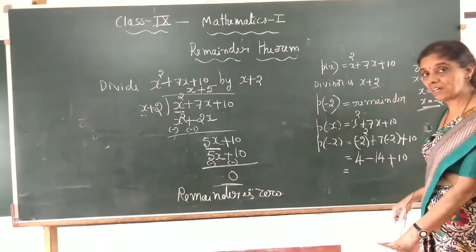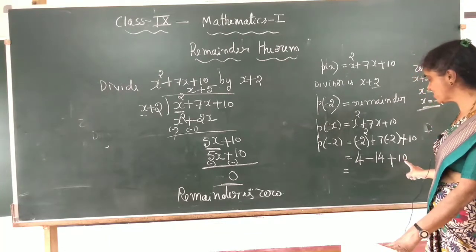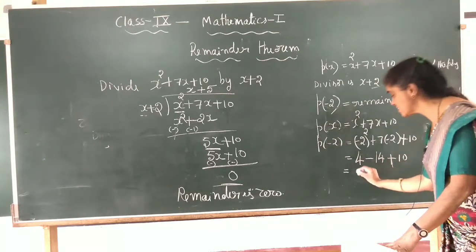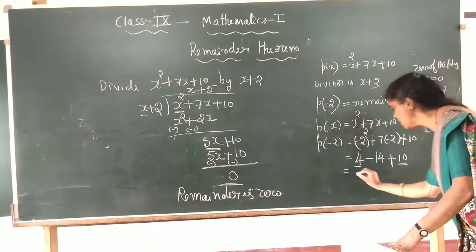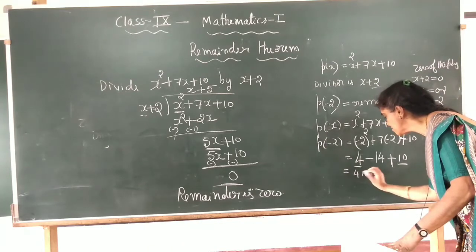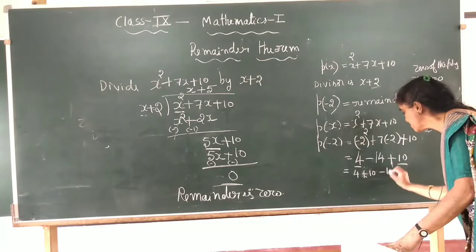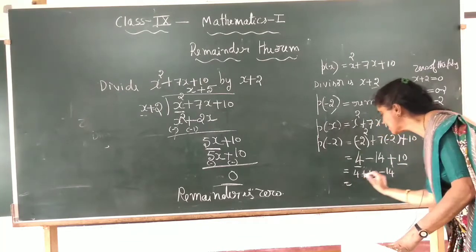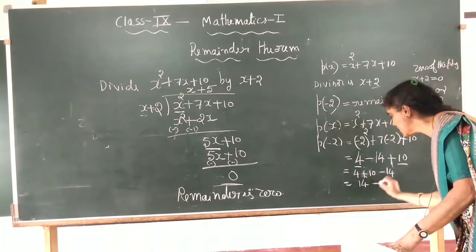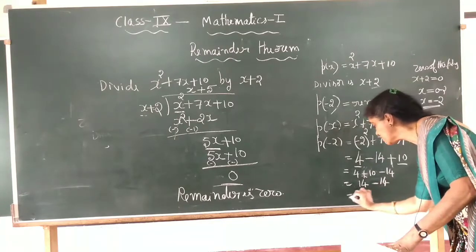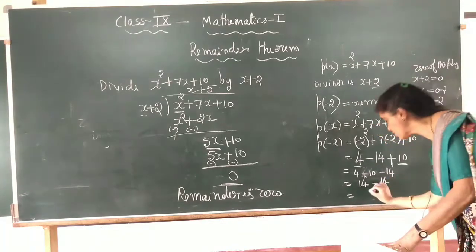You add all same sign numbers. Plus 10 plus 4, it is this number plus this number, 4 plus 10, then it is minus 14. So 4 plus 10 is 14, minus 14. 14 minus 14: one is plus, one is minus, so subtract, you will get 0.